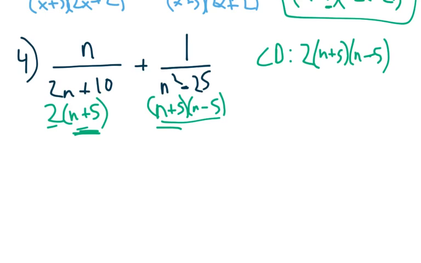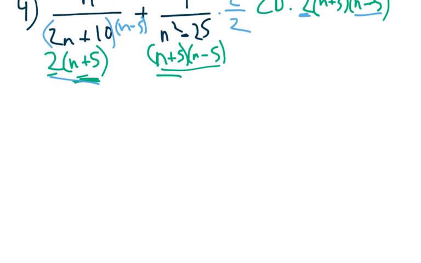So the only thing I'm lacking here in this fraction is the 2. So I'll have to multiply this one by 2 over 2. Here, the only thing I'm lacking is the n minus 5, and so I'll multiply this one by n minus 5 over n minus 5. Keep in mind down there, you're foiling it out, but we actually don't even need to FOIL it out.